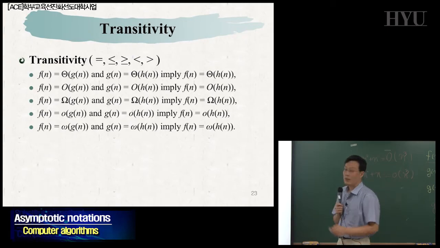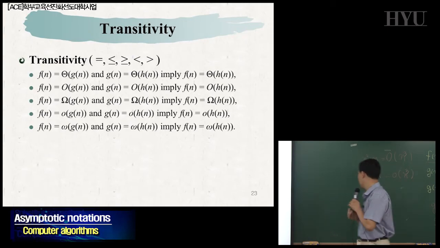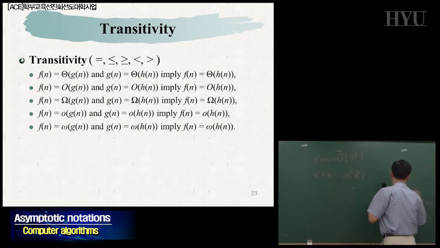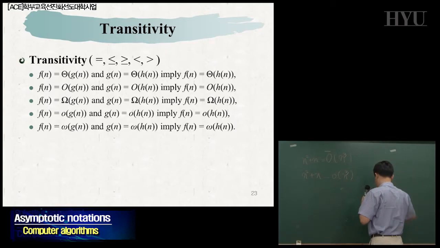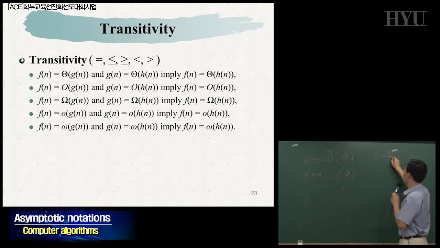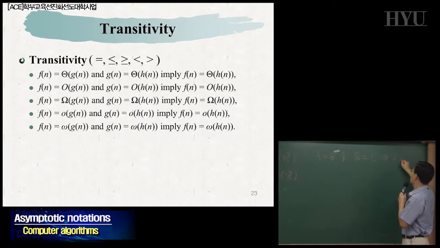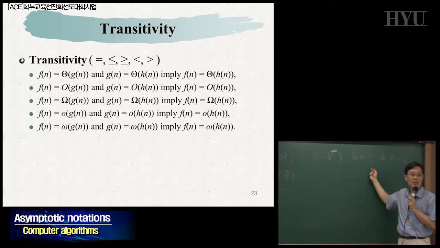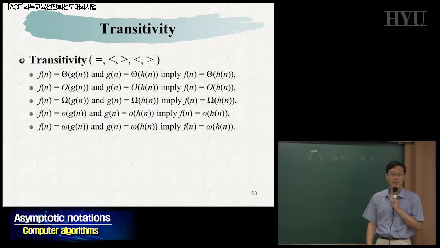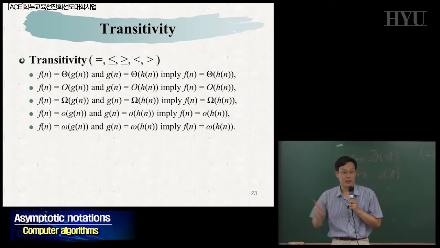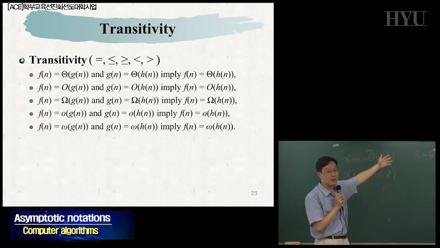The equality is transitive. That is, if A equals B and B equals C, then A equals C. This is transitivity. So equality is transitive because this is satisfied.